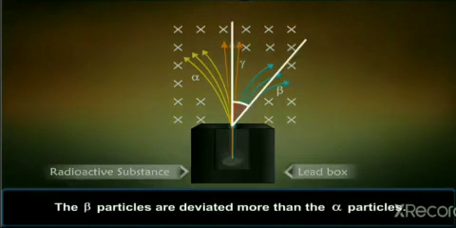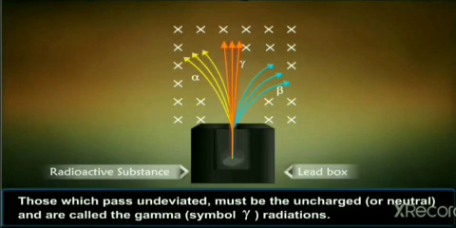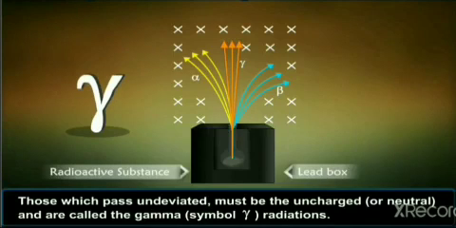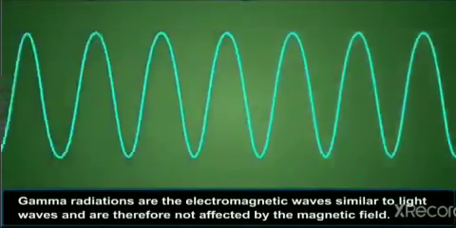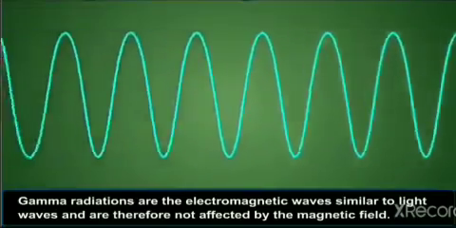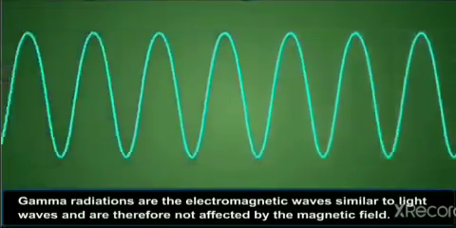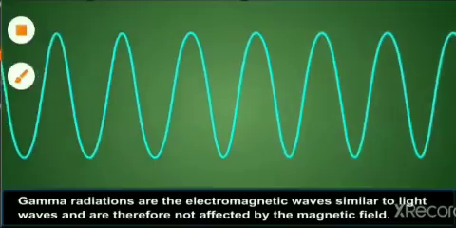The beta particles are deviated more than the alpha particles. Those which pass undeviated must be uncharged or neutral and are called the gamma radiations, symbol γ. Gamma radiations are electromagnetic waves similar to light waves and are therefore not affected by the magnetic field.